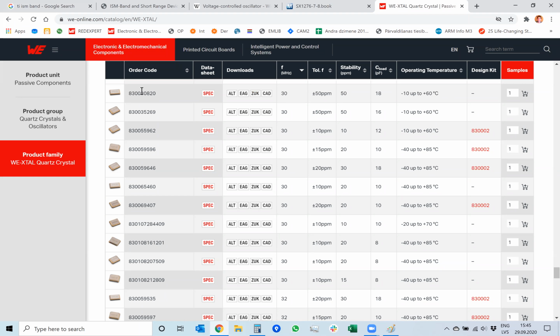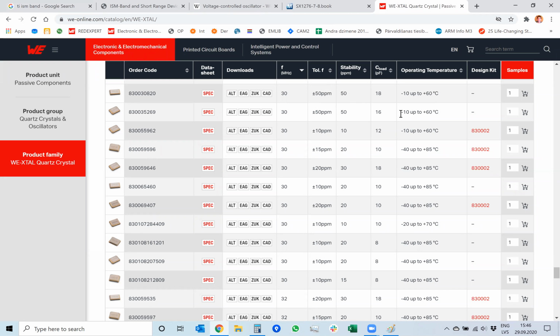For example, for this cheap part, which is not very precise and not very stable, these properties are within minus 10 to plus 60 degrees Celsius. If you put this part at plus 70 degrees Celsius, it will work, but the stability and tolerance will be even more off. Maybe it will be plus minus 70 or 80 parts per million off.